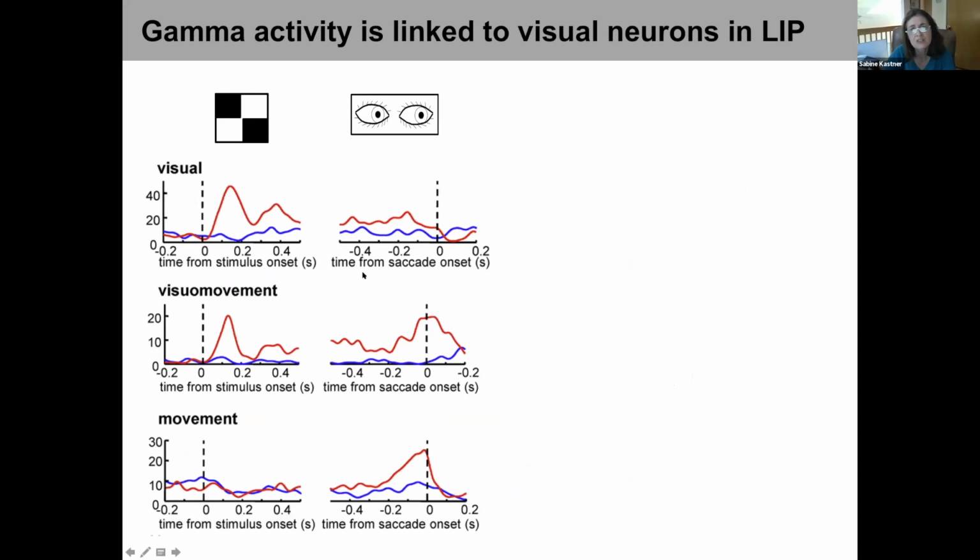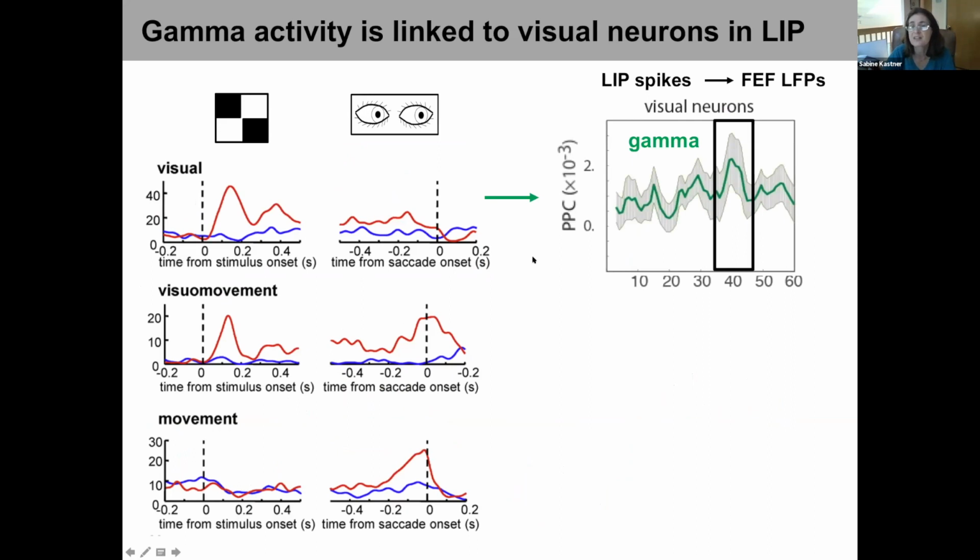And what we saw, when we looked at the spike field coherence, so at the coupling of spiking activity to different frequency ranges in that local field potential, was that the visual neurons in LIP were coupled with gamma activity within LIP and also in FEF, and that indicates that LIP spiking activity uses that gamma frequency band to route information into FEF.